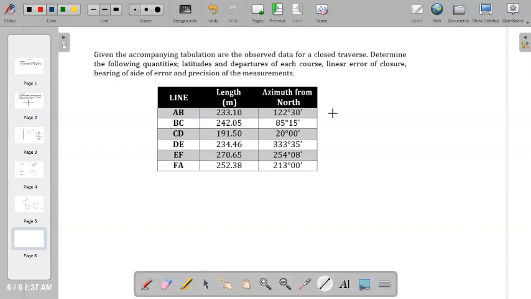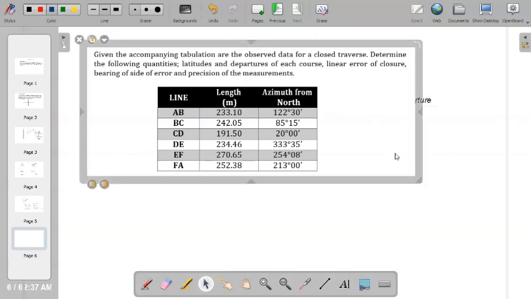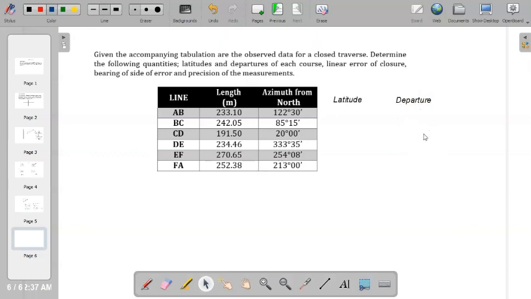Let's compute for the latitude and then our departure. We will use the calculator, so we can be faster.